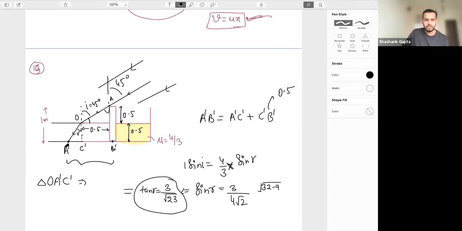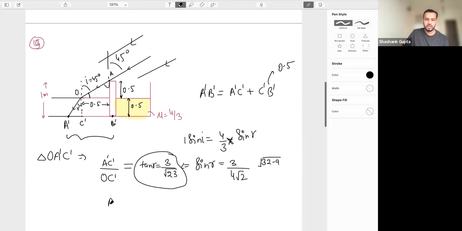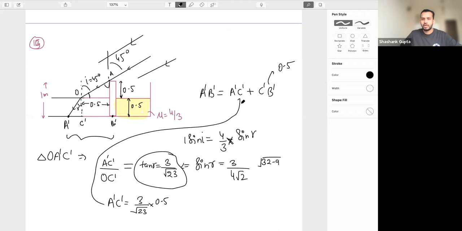So tan R in this triangle is A dash C dash upon O C dash. So A dash C dash is 3 by under root 23 multiplied by O C dash, which is 0.5. Once we solve it, we will get the value, put this value here, and we'll get the length of the shadow of the image.